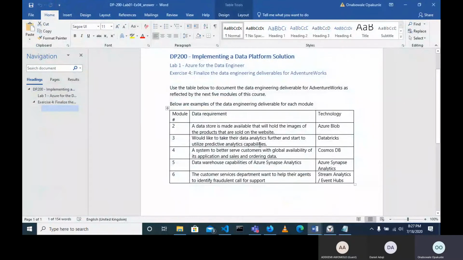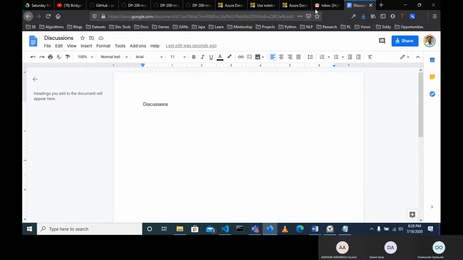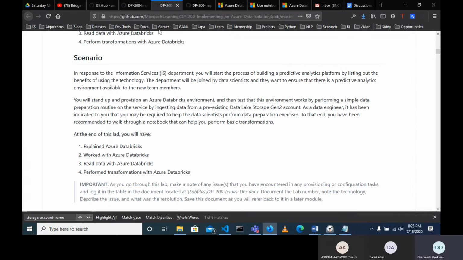Okay, so we came to the conclusion that Azure Databricks will be the best technology to go with to satisfy the data requirements of developing a predictive analytics capability.